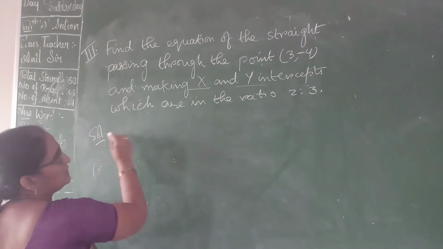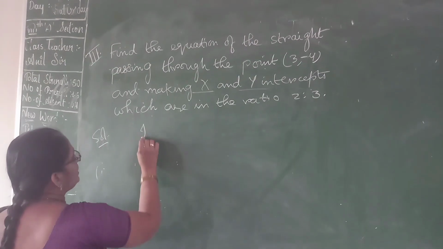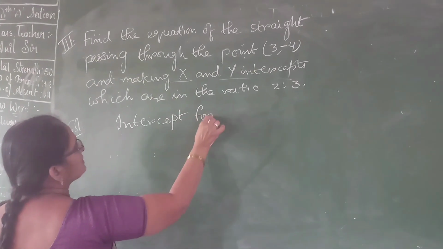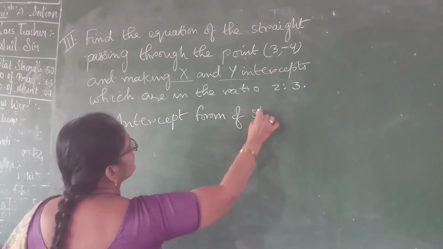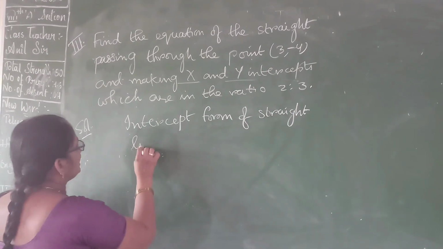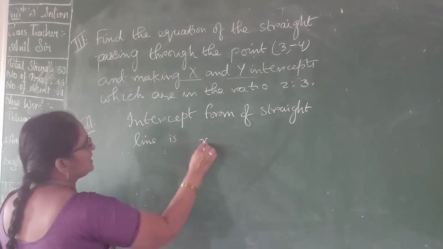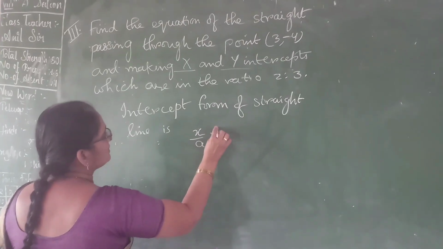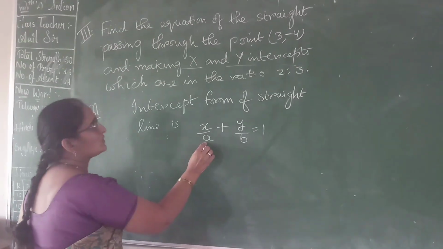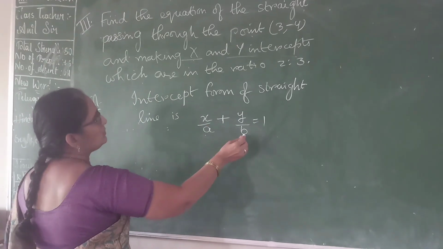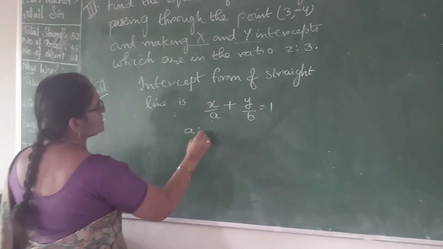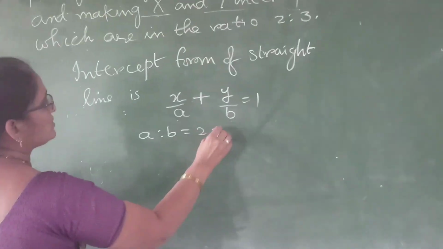Here it is given x and y intercepts. So, which formula we have to use? The intercept form of straight line. That is x by a plus y by b equal to 1, and this a is called as x intercept, b is called as y intercept, and the ratio of the intercepts a is to b is equal to 2:3.